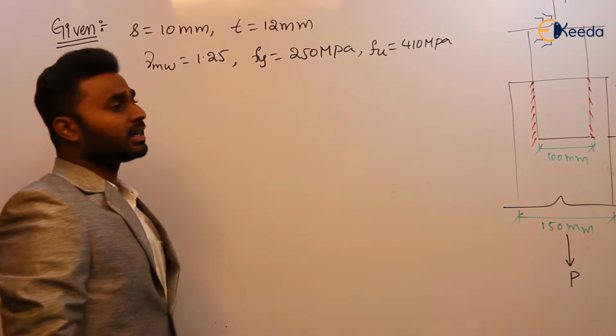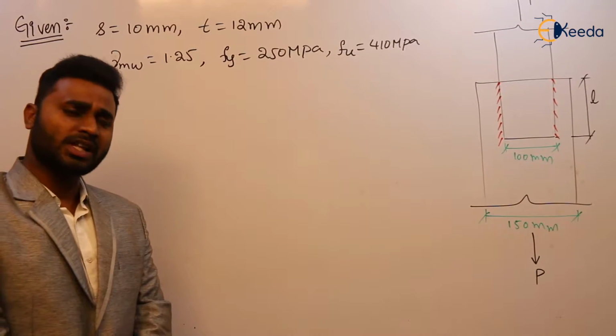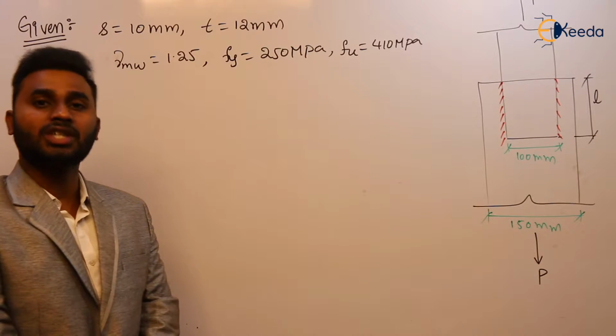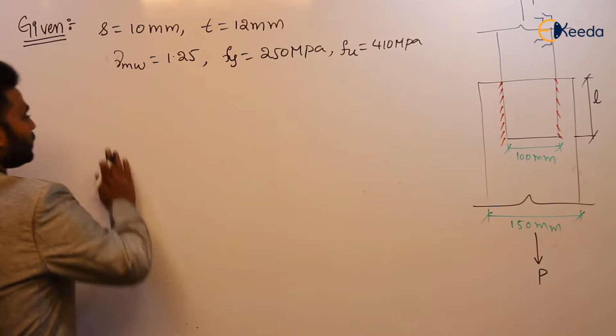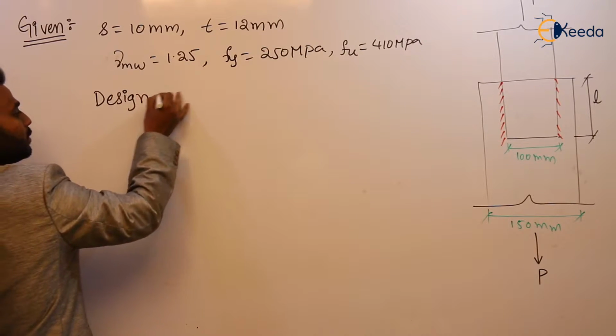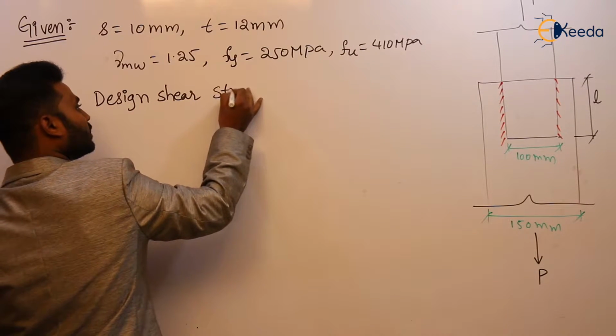Now what is the strength of the fillet weld? Fillet weld always fails in shear, so the strength is nothing but shear strength. First let us calculate the design shear strength of fillet weld.